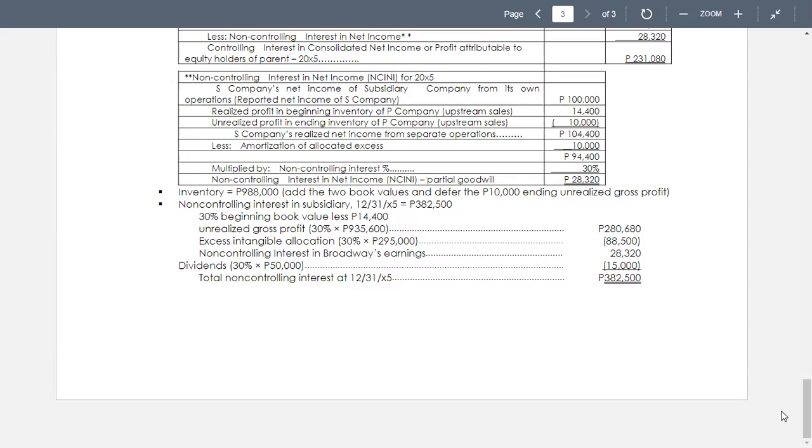Actually, 249,000 is the sum of 240,300 and 8,700. So you get a total of 249,000.